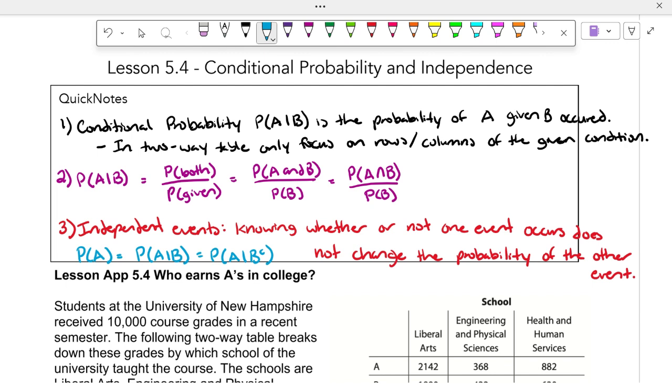Is that not the probability that we got from our two-way table? Yes. All right, so it does work. So even if we didn't have the two-way table where we could look at the column and take the probability from that column, if I just gave you this data and not the two-way table, you could still get that probability through the formula. All right, any questions on that?